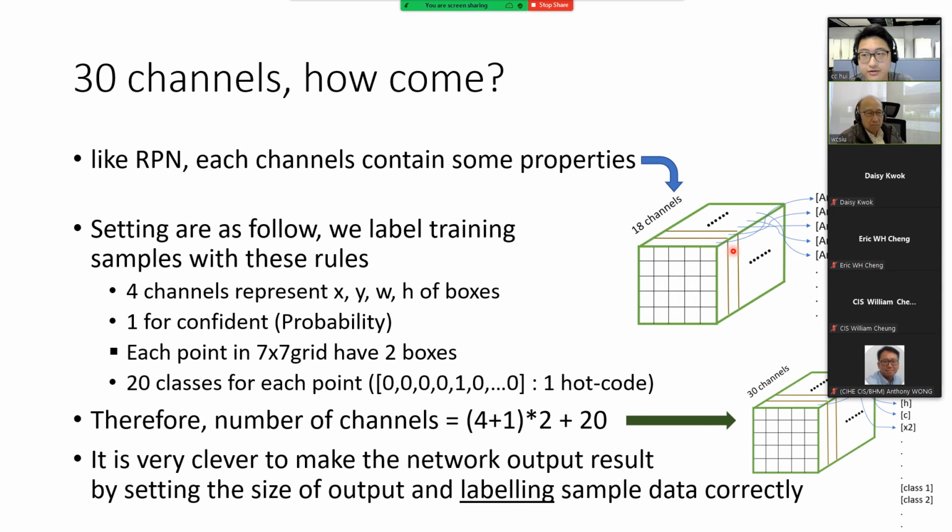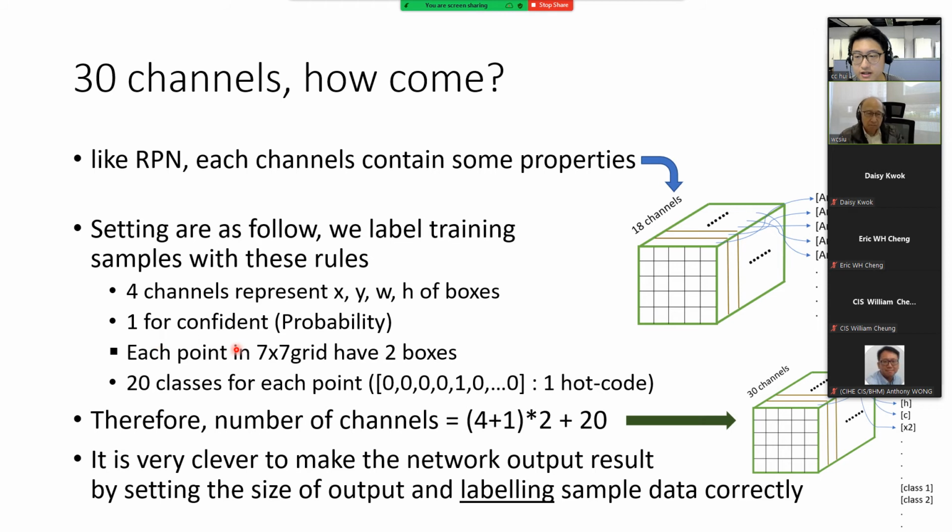But how about the 30 channels? Again, I talked about 18 channels in the Fast R-CNN section. It contains the probability of the anchors. So what does it mean in YOLO? Actually, 4 of them represent the position and the size of the boxes, and one of them is called confidence, which is actually a probability.